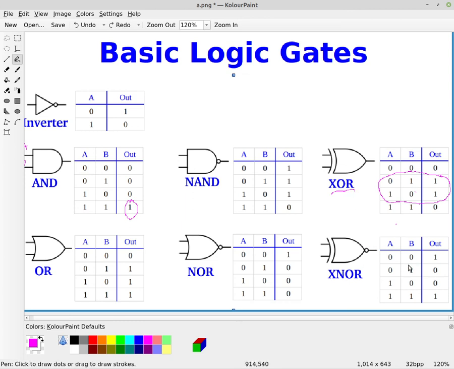So this is asking, are they the same? So if they're both 0, I'm going to give you a 1. Or if they're both 1s, I'm going to give you a 1. But if they're different, I'm giving you a 0. And so those are the basic logic gates used in building any binary computer type circuit.